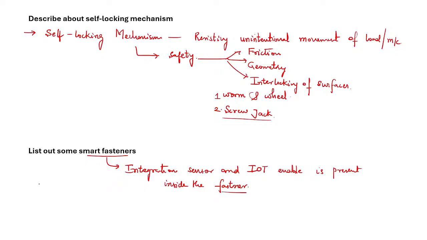Some of the important smart fasteners components are sensors, RFID or NFC tags, microcontroller for data processing, and next would be battery and energy harvesting system.